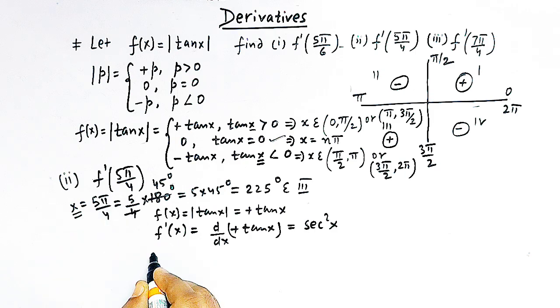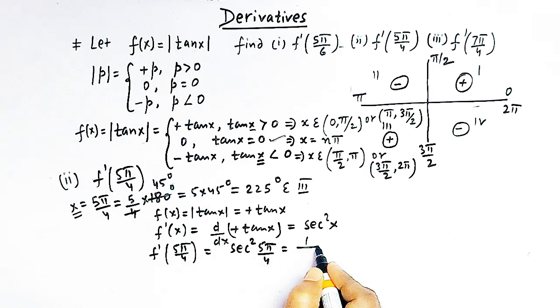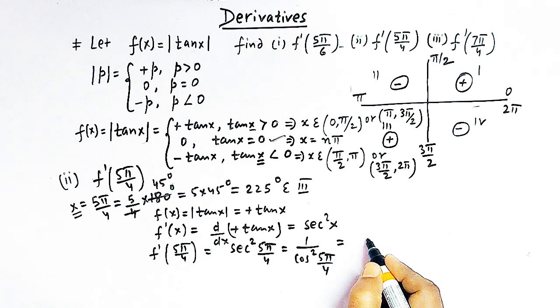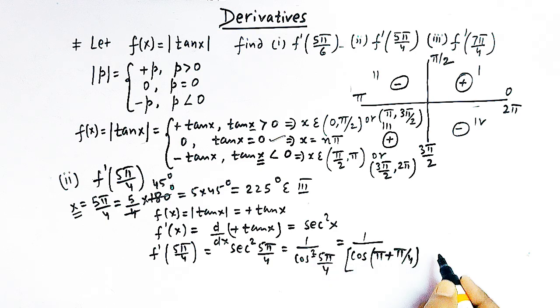Now taking x is equal to 5 pi over 4, we have secant square 5 pi over 4, and this is 1 over cos square 5 pi over 4. Now again we can use trigonometry, so we can now write here cos pi plus pi over 4, because pi plus pi over 4 is 5 pi over 4, and here we have the square, right?